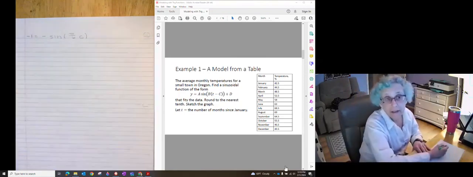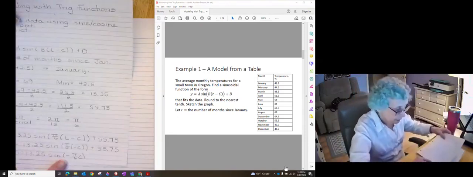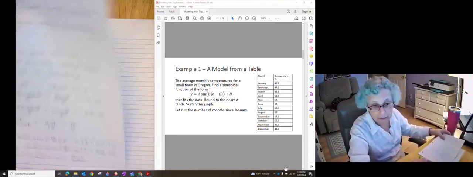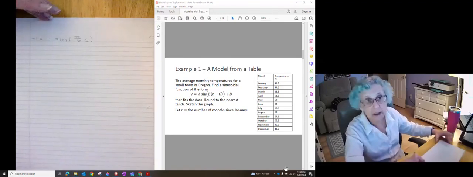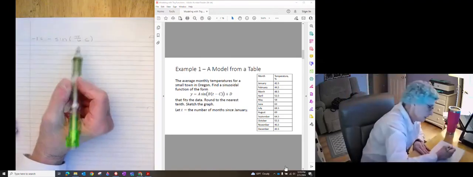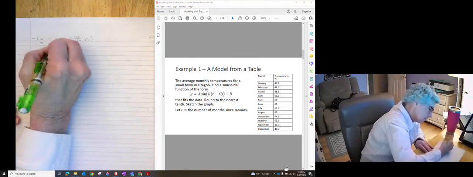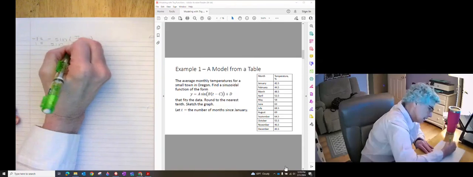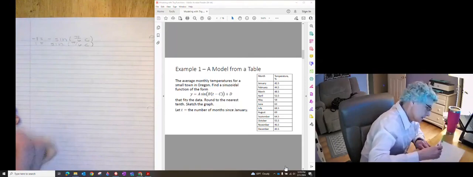Now, I went ahead and took advantage of the even-odd identities. I had negative pi over 6 times c, so that's the same as the negative of sine of pi over 6 c. So 1 is equal to sine of pi over 6 times c.